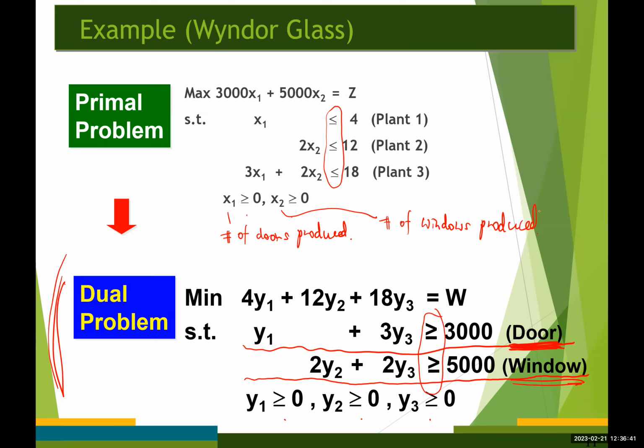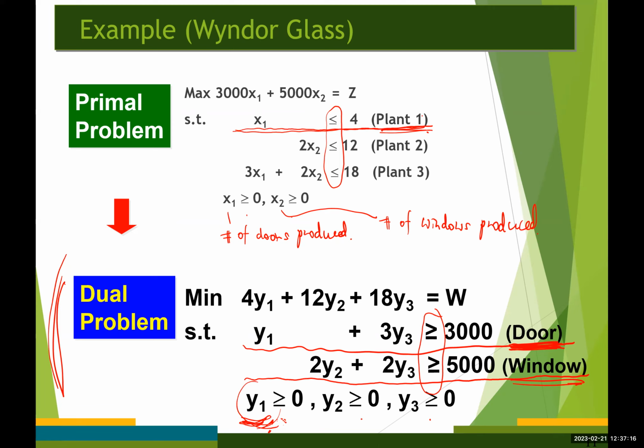Also here, the Y1 variable, our first dual variable, is associated with the first primal constraint, which is about the plant number 1 hours.